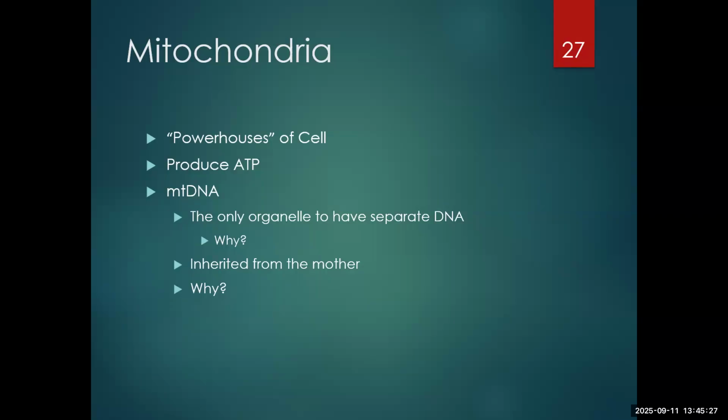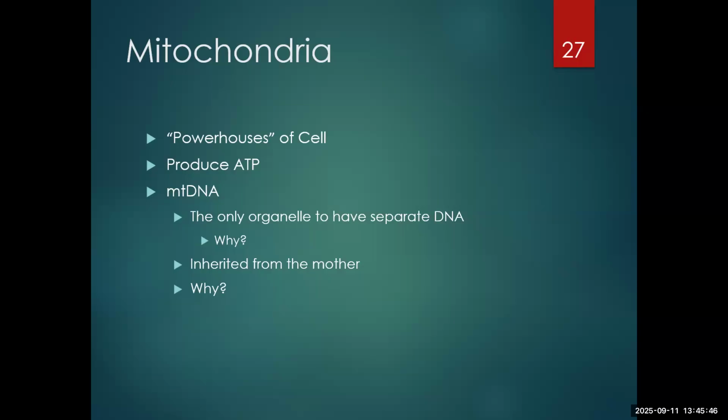So the mitochondria being incorporated into these cells was a huge, huge, huge, huge evolutionary innovation for us. We are eukaryotic organisms. We are built out of cells that have mitochondria.